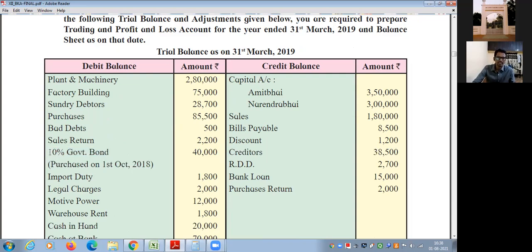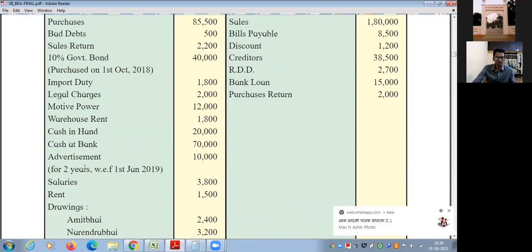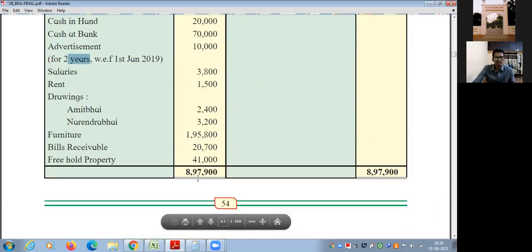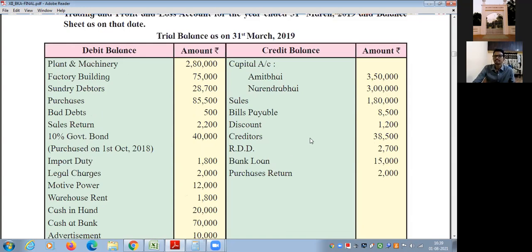We have invested in 10% government bond securities, purchased on 1st October. So it is a hidden or internal adjustment. Then again, we have advertisement for 2 years. It is also a hidden and internal adjustment. And we have the credit side as normal: capital, sales, bills payable, discounts, incomes, etc.